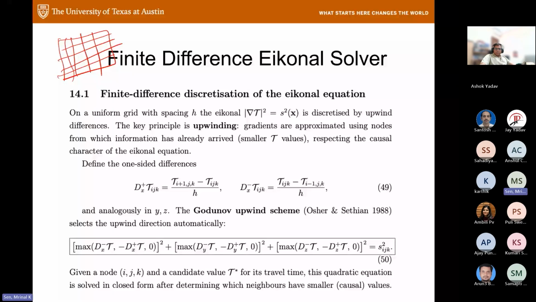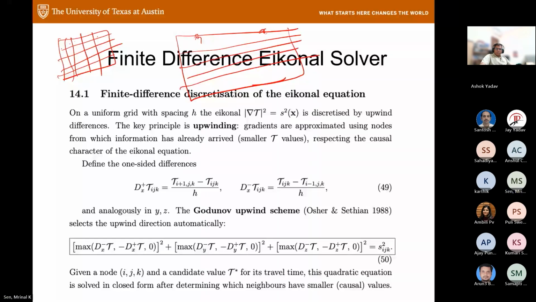And within each block, I define velocities, right? So I have the source, I have the receiver, the trace is here, and this is my medium. I want to know what is the travel time from source to the receiver, but we also like to know the travel time from source to every grid location, because that's how I do my Kirchhoff migration.